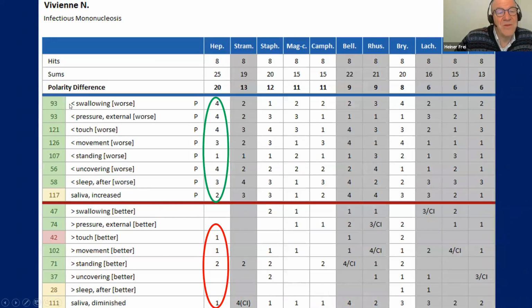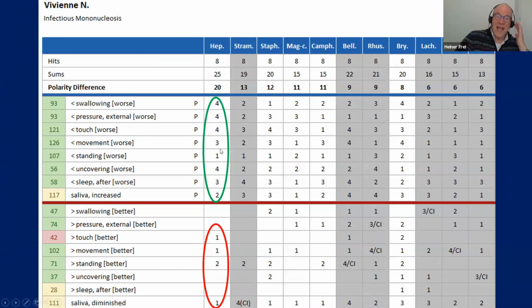You see here, swallowing aggravates, the opposite pole is swallowing improves, pressure aggravates, pressure improves. So we also add the grades of the opposite poles and we subtract them from the sum of grades of the polar patient symptoms. Here you see we have 5 points, so it is 25 minus 5. That makes this polarity difference.